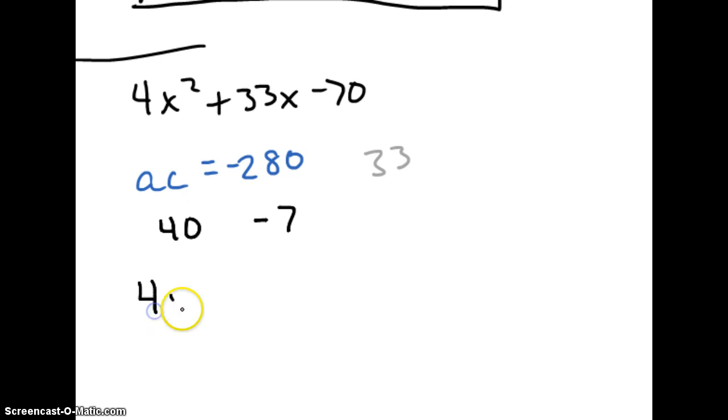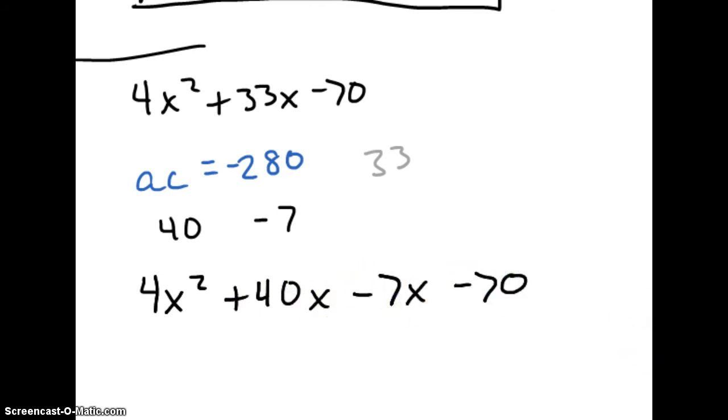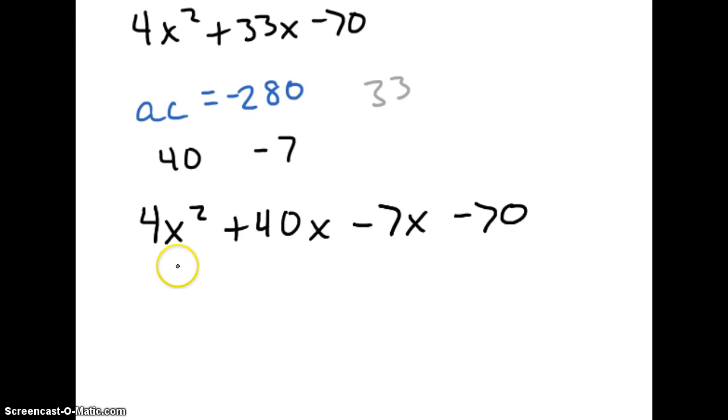So I'm going to write 4x squared plus 40x minus 7x minus 70. And then I factor out, this is 4x.